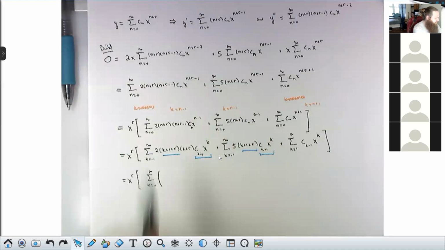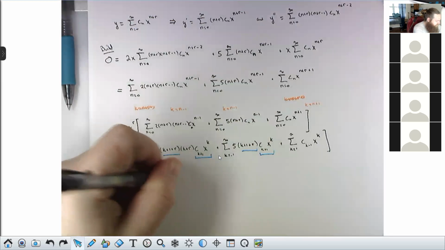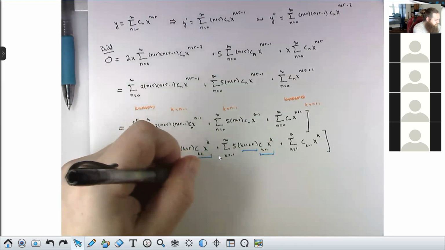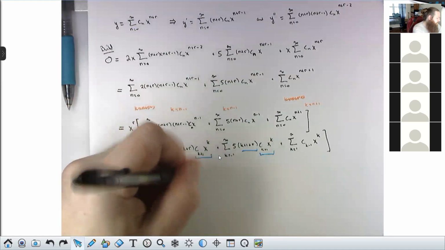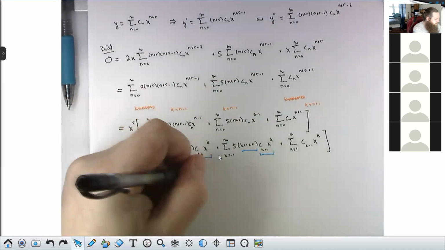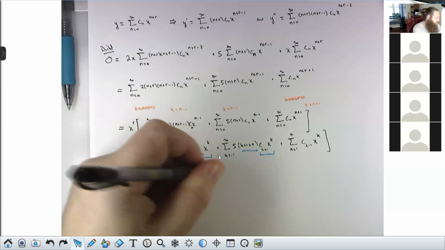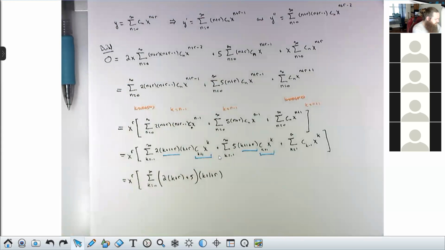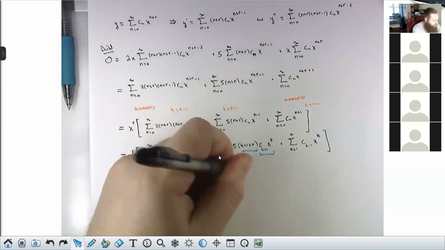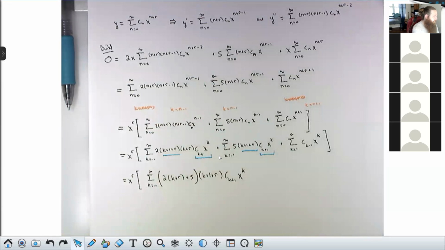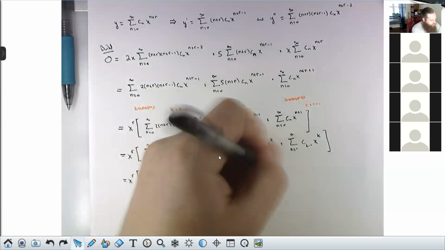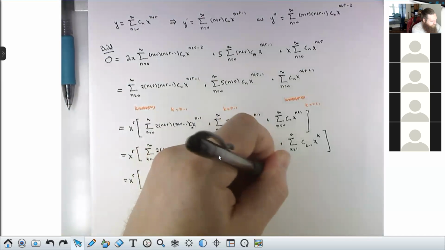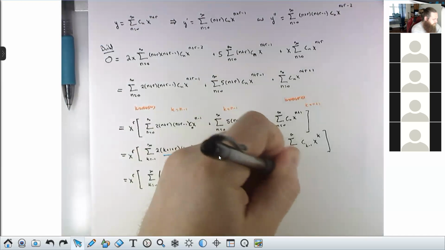What I'll have left is 2k plus r plus 5, and then k plus 1 plus r, and then c k plus 1 x to the k. All right, that's those first two series combined. And then I have in my second series the sum from 1 to infinity c sub k minus 1 x to the k.